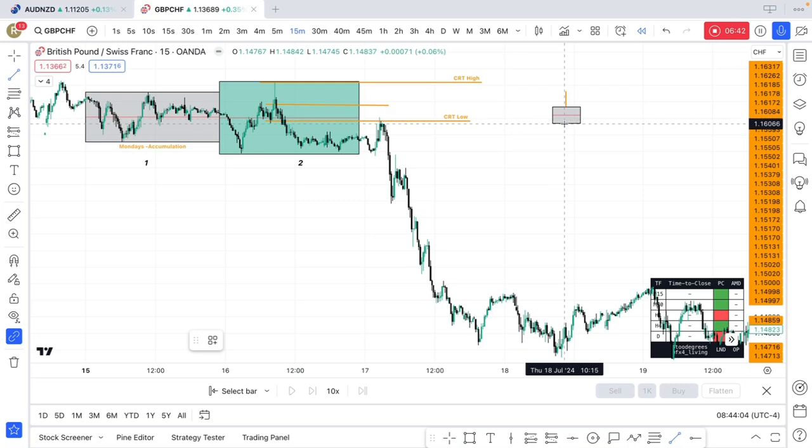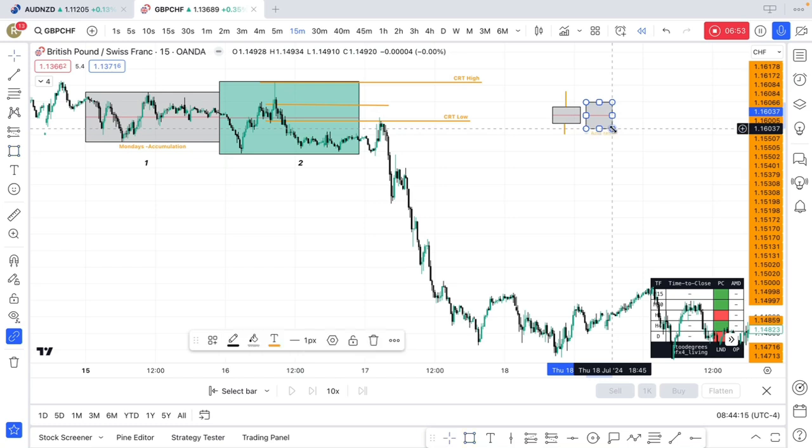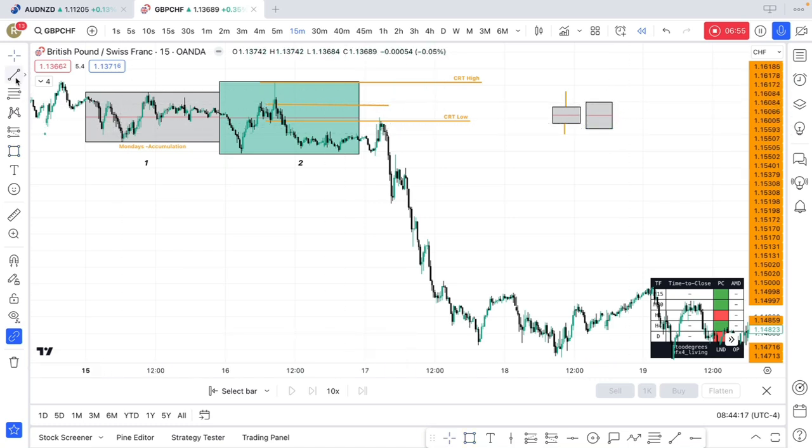So this one has created a range. And then this is a candle that came just around this side and broke this wick out, this and this. That's what happened right now.